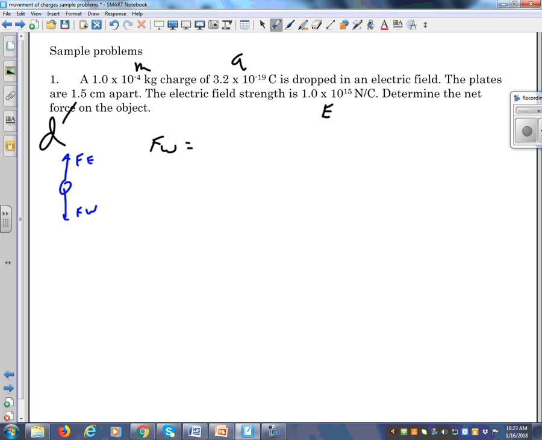which is Fw equals mg. So that's going to be 1.0 times 10 to the minus 4. And the g value is going to be minus 9.8.